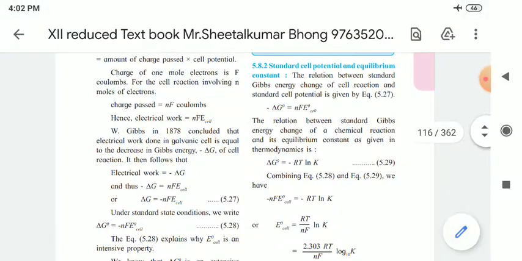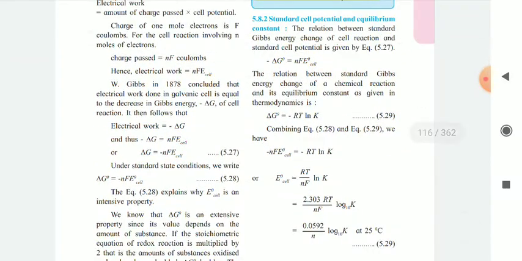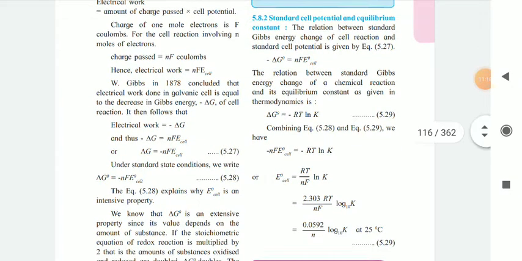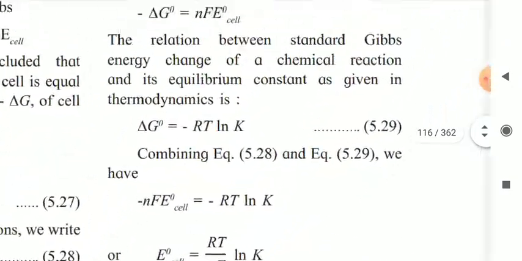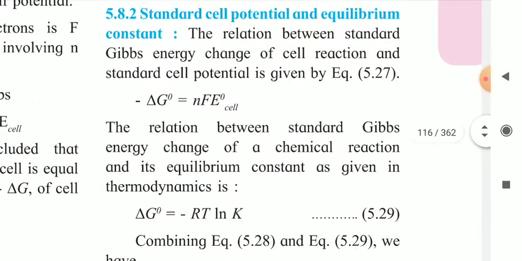Now students, the relation which is very important for calculating different problems related to standard cell potential and equilibrium constant, the equilibrium constant being K. The relation between standard Gibbs energy change of the cell reaction and standard cell potential is given by minus delta G0 is equal to n E0 cell into F, or nF E0 cell.